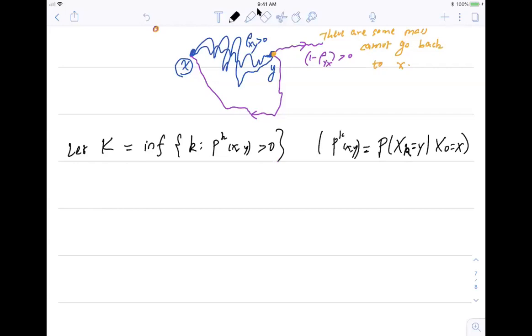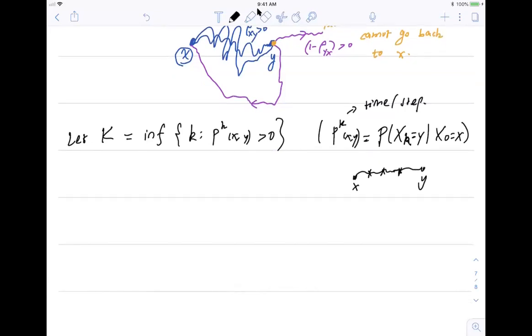So it's the k step, right? Here is x. You come from k steps and you end with y. So this is the probability. So k is the time, or steps, such that p^k_xy is bigger than 0.